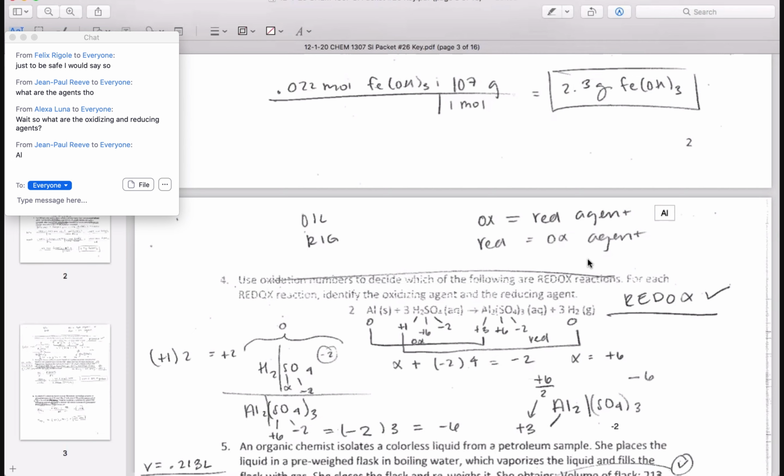However, let's look at my oxidizing agent. This is where it gets a little bit trickier, but which element is being reduced? Should be hydrogen. Does that mean hydrogen is the oxidizing agent, or is there something more that we should put for the oxidizing agent?